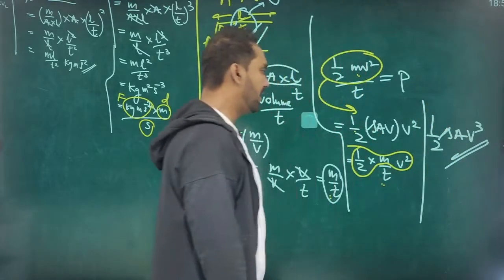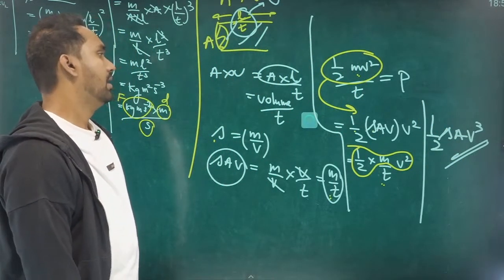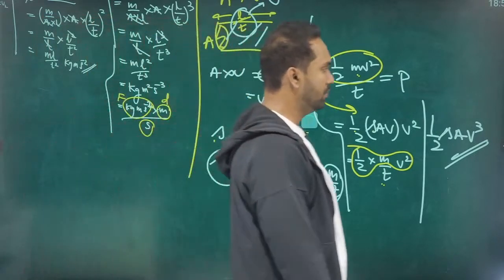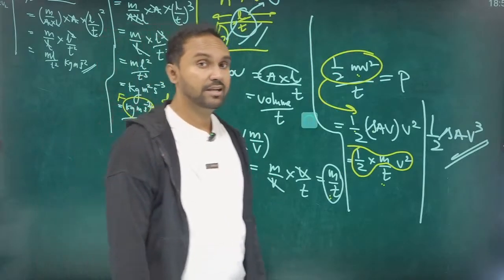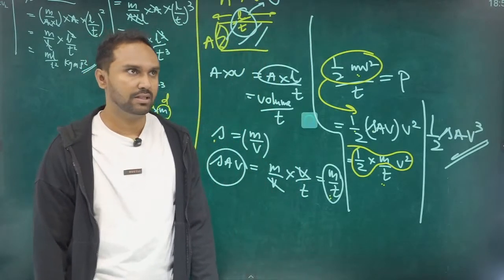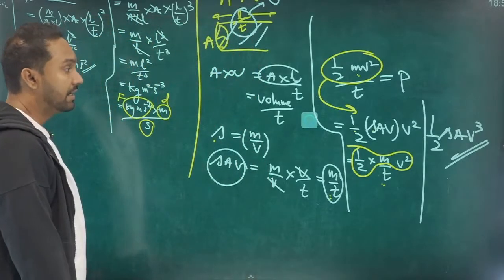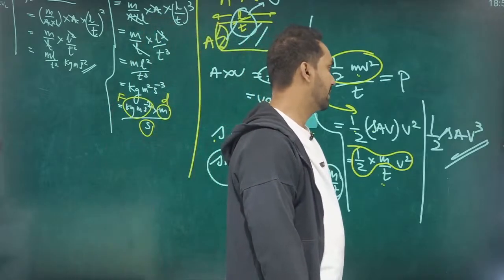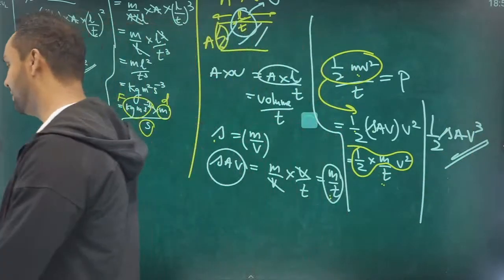So fundamentally, without half, I took rho A v cube, but that I took as F d over t, the work over time definition. But the answer is given in the kinetic energy over time definition way. So the correct answer is half rho A v cube.